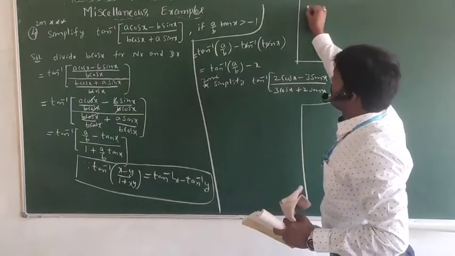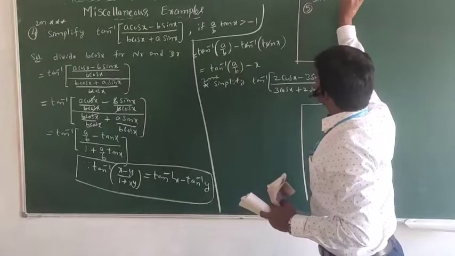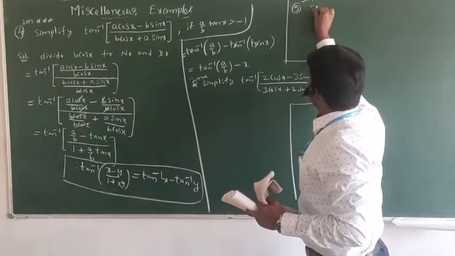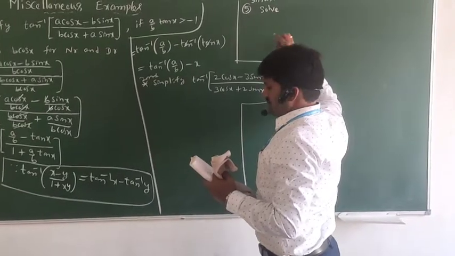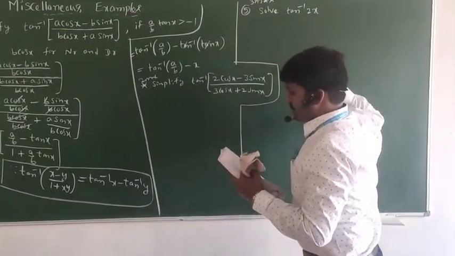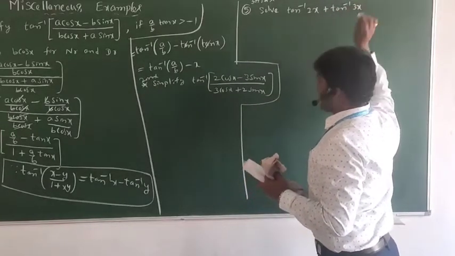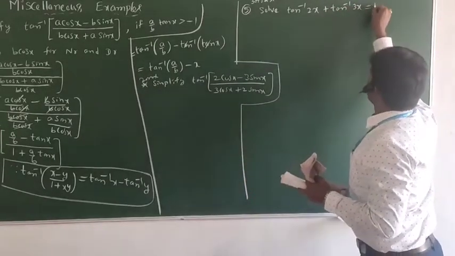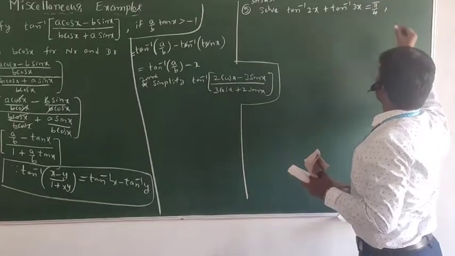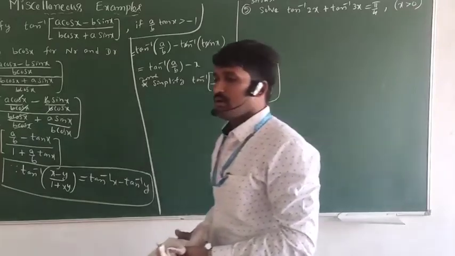Next example, it's very important for 3 marks. Solve tan inverse of 2x plus tan inverse of 3x equal to pi by 4, and clearly x is greater than 0.